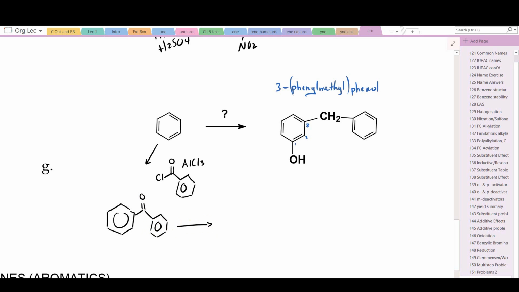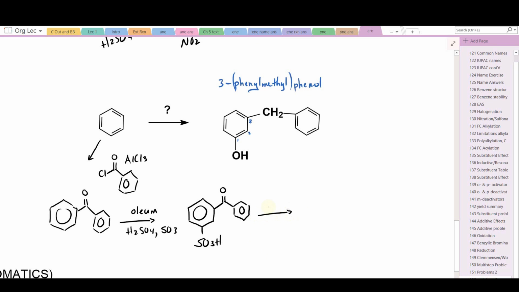Now this is meta-directing, so we want to sulfonate next with oleum, which is fuming sulfuric acid, conc sulfuric acid with sulfur trioxide gas dissolved in it. So our next step would be to reduce the carbonyl with hydrogen on nickel. Recall that the benzylic carbonyl is particularly susceptible to reduction.